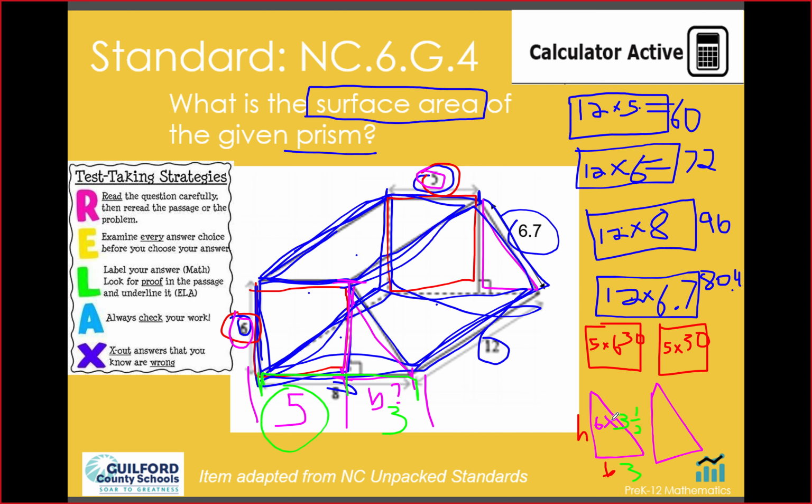So 6 times 3 is what? You can come off mute if you want to, if you don't want to type it in. 18. Yeah, so 6 times 3 is 18. So what is 1/2 of 18?